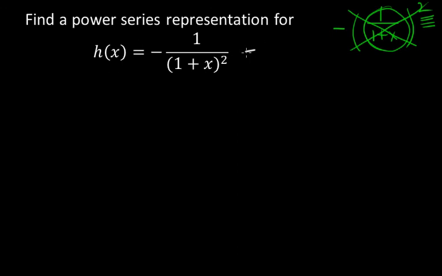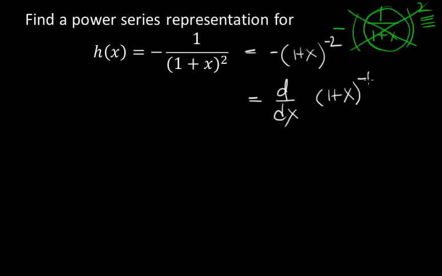But look at this as minus 1 plus x to the minus 2. Doesn't that look like a derivative? It is equal to, let's see, d dx, the derivative of 1 plus x to the minus 1. Let's check it: minus 1 times this to the minus 2, and we don't need the chain rule.